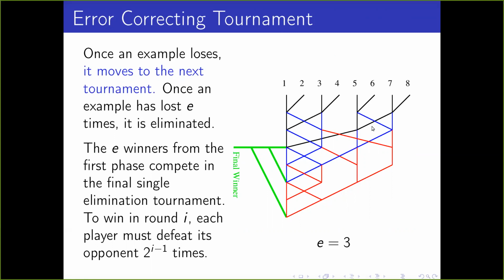If you count the number of entrants to the blue tournament, there's 1, 2, 3, 4, 5, 6, 7, 8 entrants, and there's 1 winner. So this is another single elimination tournament. The same thing goes with the red.